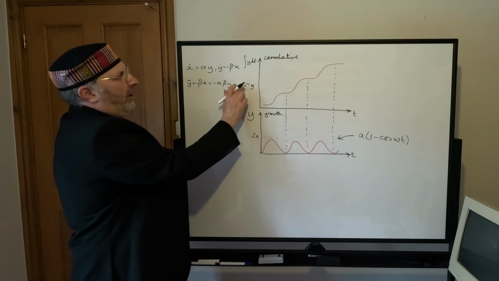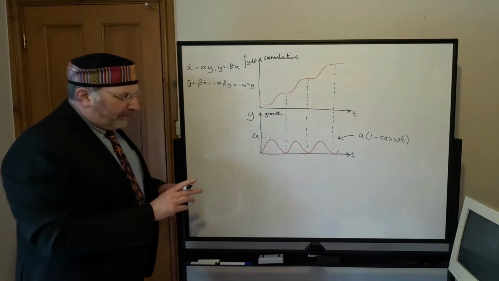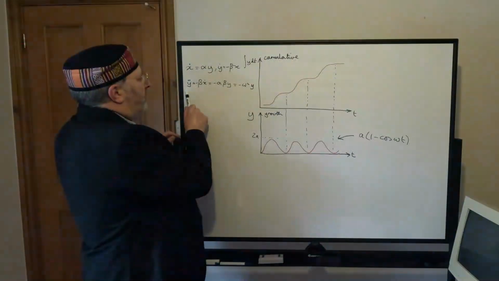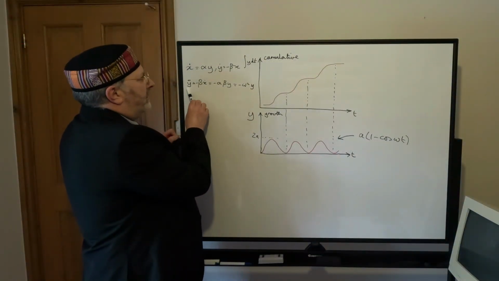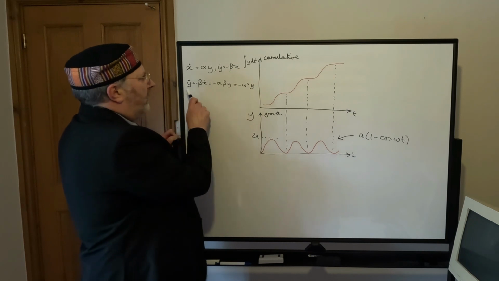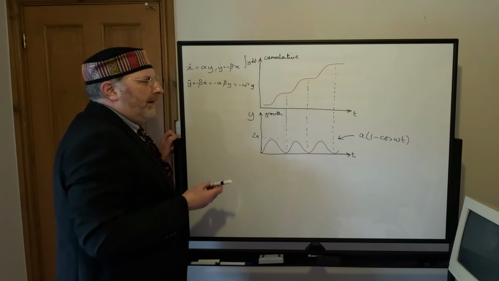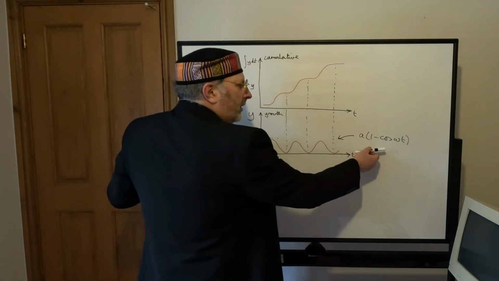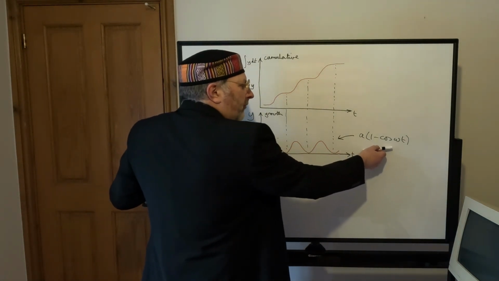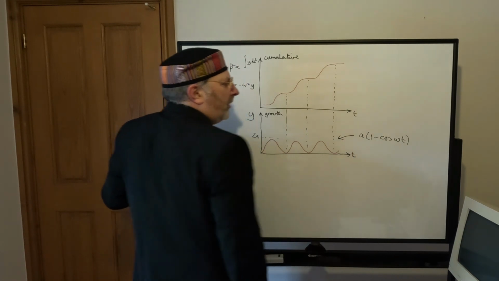So that's how omega is related to the original constants. Omega is the square root of alpha times beta. So if we have this equation, y double dot equals minus omega squared y, we know that gives a sine and cosine wave, gives an oscillation. But here we haven't got a plain old sine or cosine wave, we've got this 1 minus the cosine.